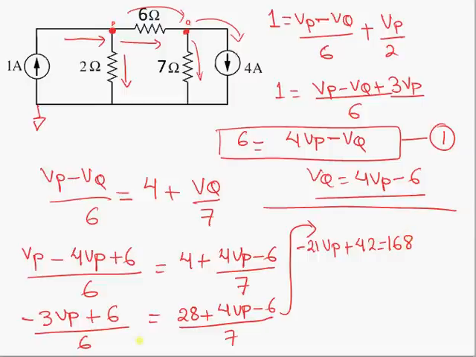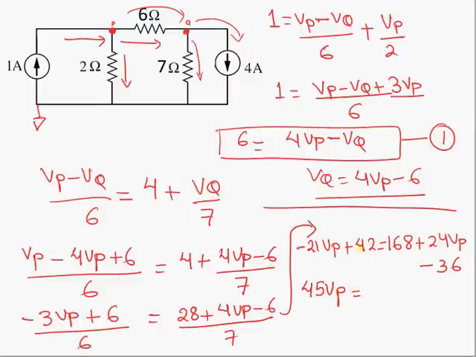plus 24 Vp minus 36. Now let's group all the Vp's on one side. So I have minus 21, 24 on this side. If I bring Vp to the right hand side, I get 45 Vp. And let's bring all the numbers to the left hand side.